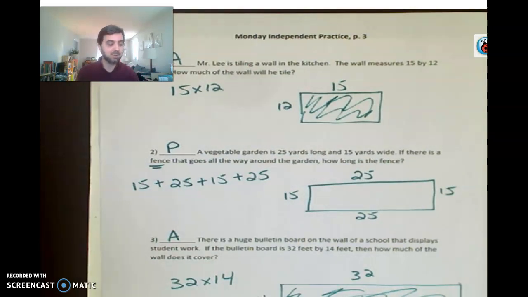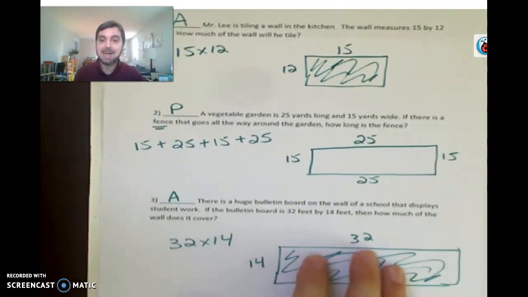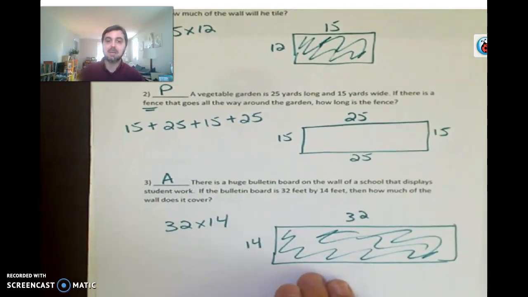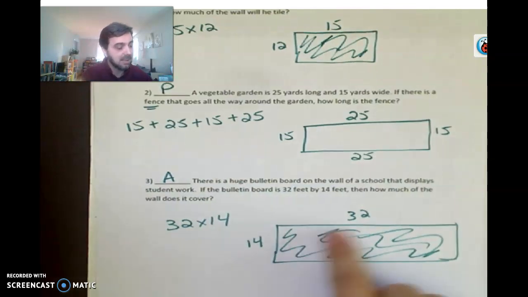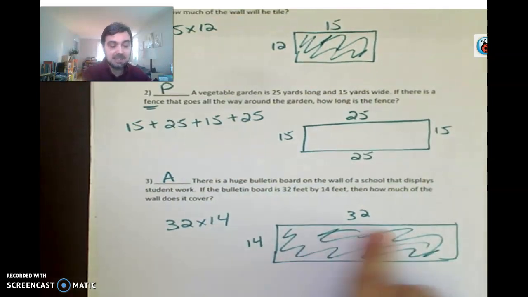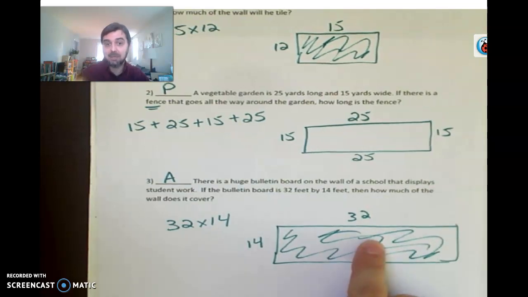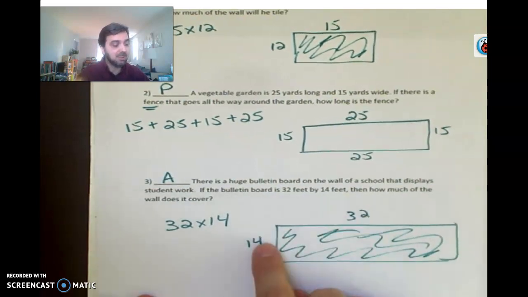You can solve that, I'm sure. The last one is also area, because there's a mega bulletin board at school, and the question is how much of the wall it covers. So how much space does it take up, which is area. In that case, it would be 32 times 14.